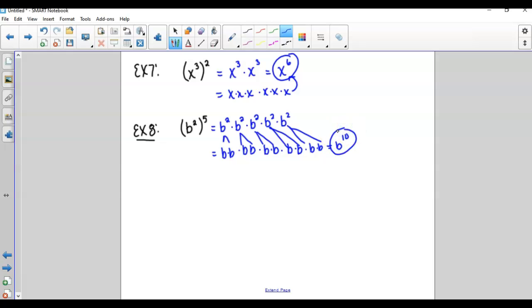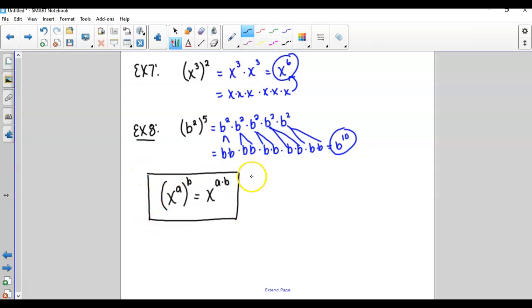So we would rather not have to do this the long way. So if we summarize this in an easier rule, if we have x raised to the a power, and then that is raised to the b power, it is going to equal x to the a times b. So we multiply our exponents. So let's write that out as a note here.